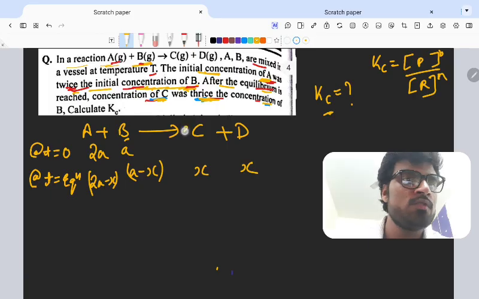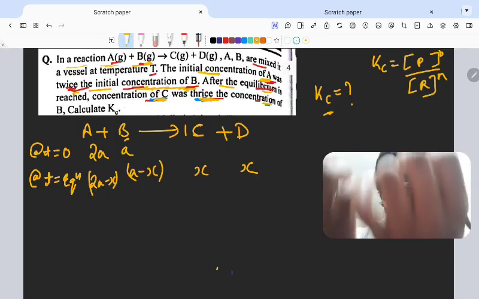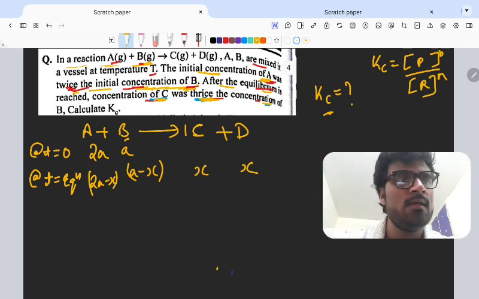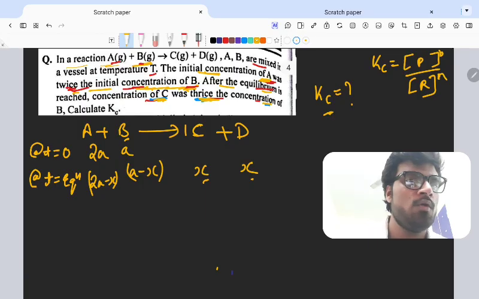If there was 2C here, you would have to multiply by 2, but since it is only 1 C, 1x is forming. We are subtracting x from the initial concentration, and whatever concentration is reducing from the reactant side is forming on the product side. You have to remember this small thing. This is how you represent the chemical reaction.